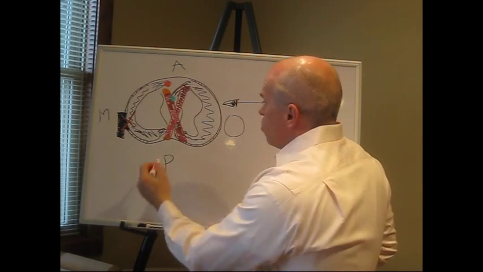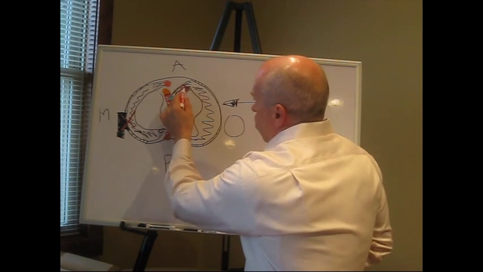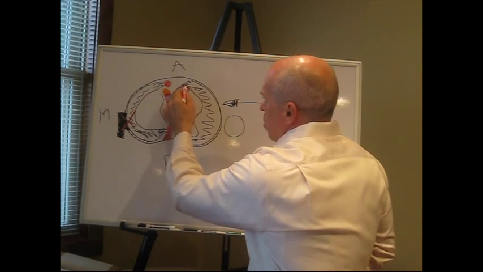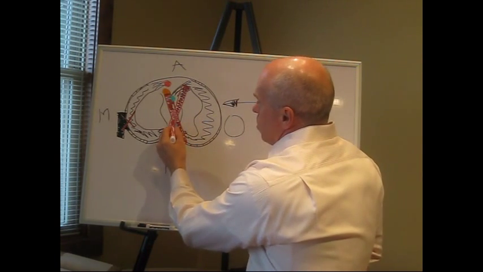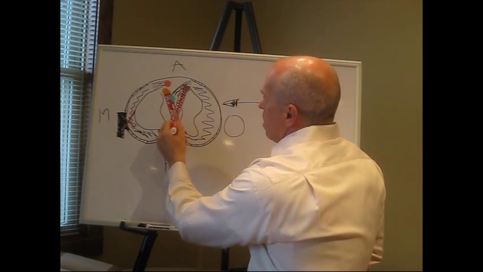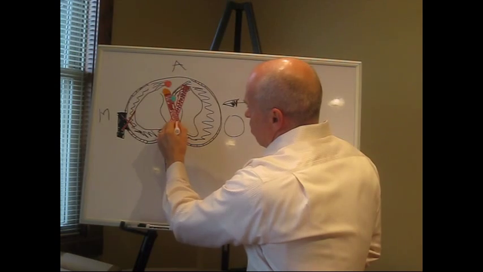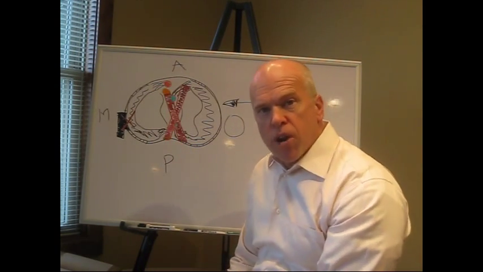We can suffer injury to the posterior cruciate ligament, either from its origin on the tibia to its insertion on the femoral condyle. We can suffer injury to the attachment points of the medial and lateral menisci, which I've redrawn in here for you so you can see those. These are all in the intercondylar area.